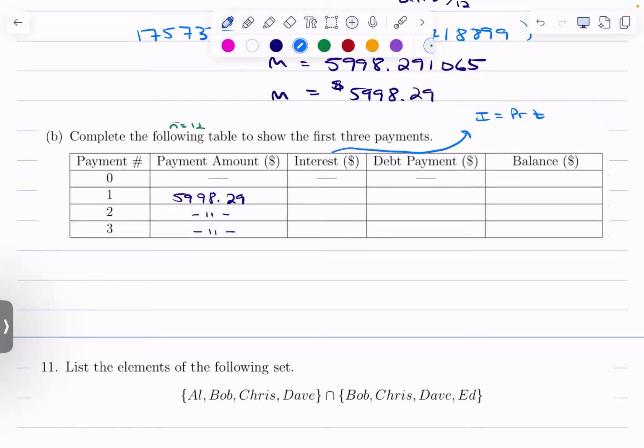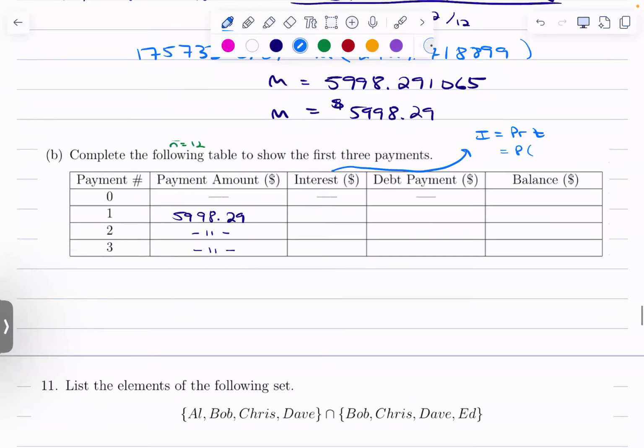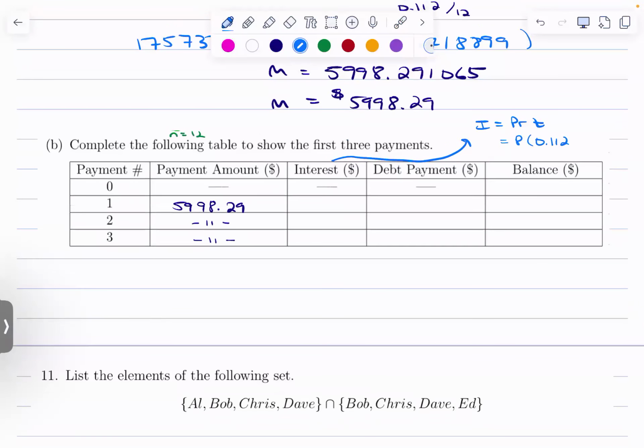And the rate, the rate was huge, 0.112, and for monthly payments, the T is 1/12 of a year, right? 1/12.